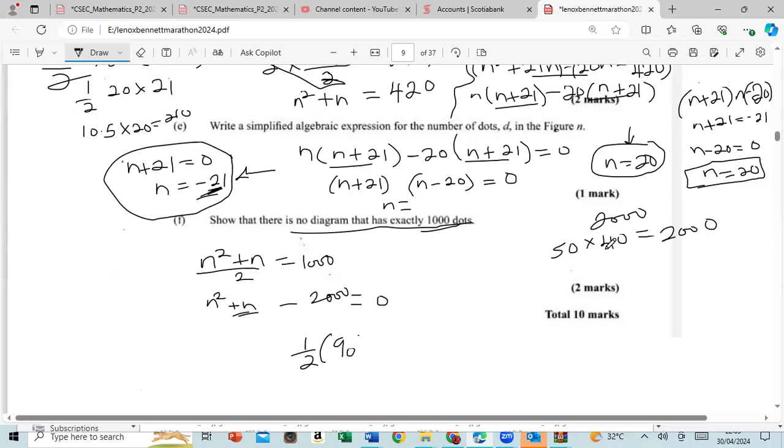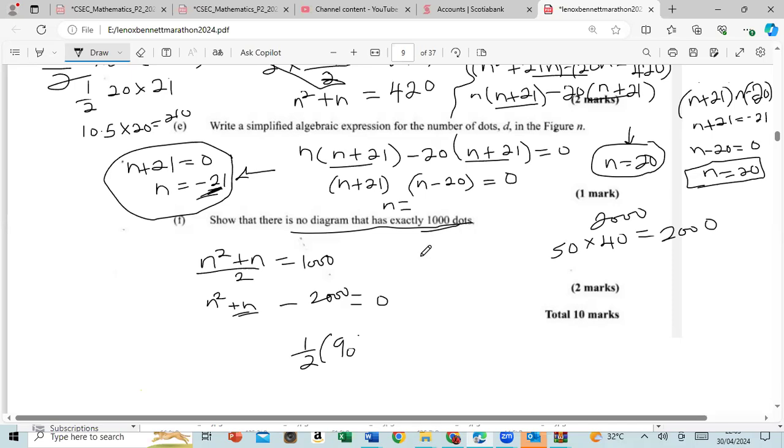Let me see, 40 times 50 is 2,000. The average between them is 45. So we could try 46 and 44. 46 times 44 is 2,024. Yeah, the numbers still don't work.